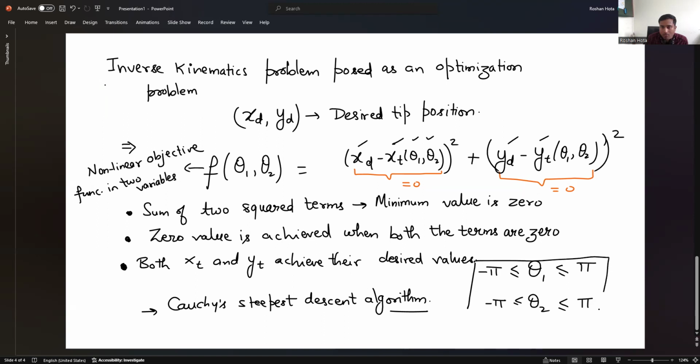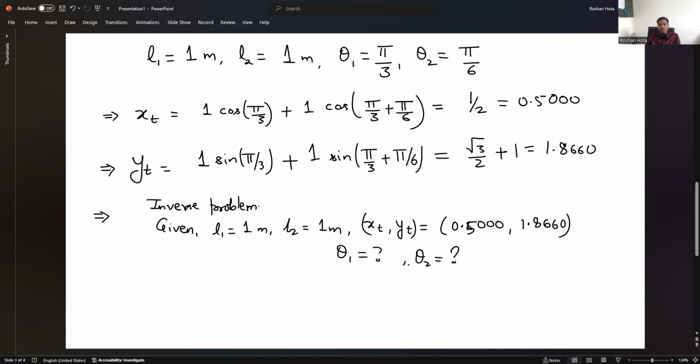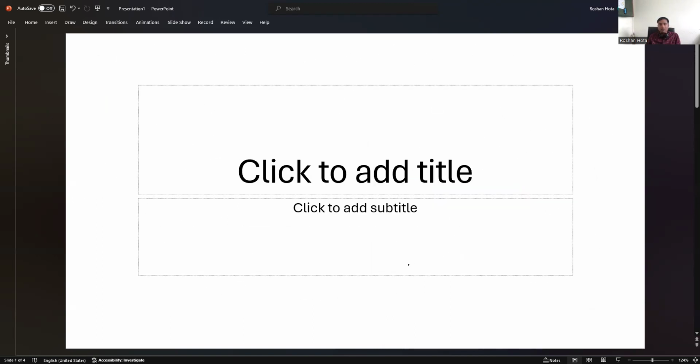So these are the variable bounds, and that is the objective function. This is what I mean by formulating the problem as an optimization problem.